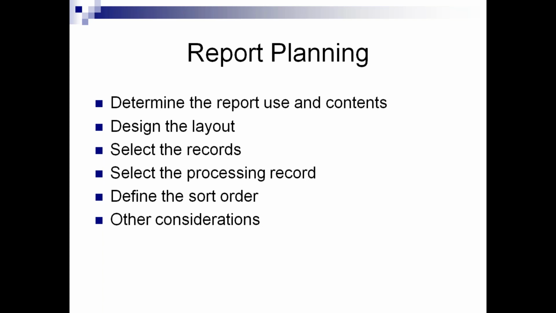Now, a good example of this, I'm going to give General Ledger as an example. You've pulled a report to print transactions out of the transaction file, and you've got some information coming from the GL master file, or where the accounts are.